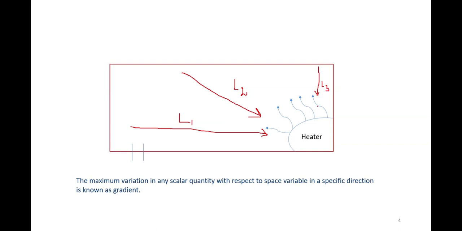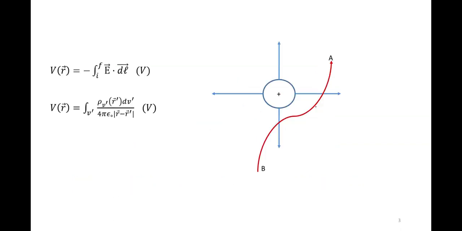This actually produces a negative gradient and also produces a very important relation. So we will be using the gradient concept to convert this expression from integral form to differential form.